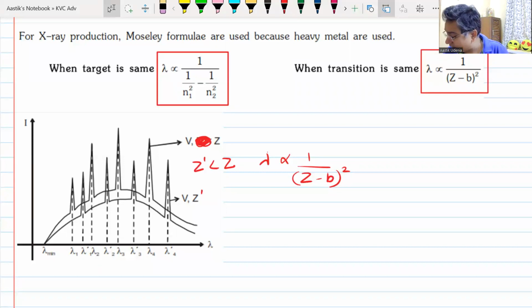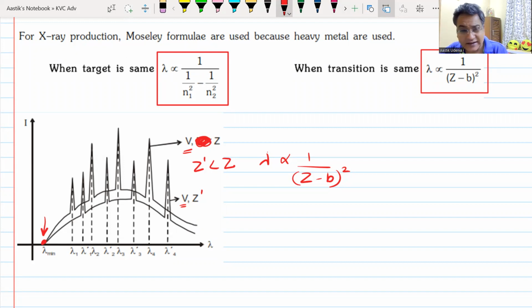In this graph, you see at the same cutoff voltage, V is same. So both the X-rays are starting from the same point, from the same wavelength. Do we understand this? Yes, sir. But lambda is inversely proportional to z minus b square. Therefore, if z is more, lambda would be less.